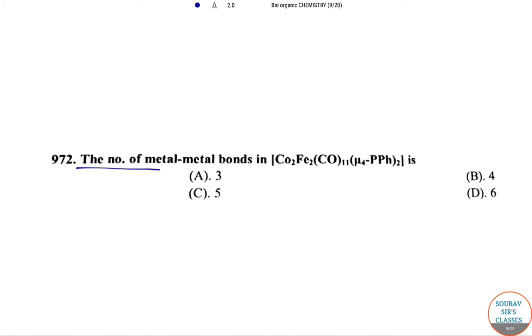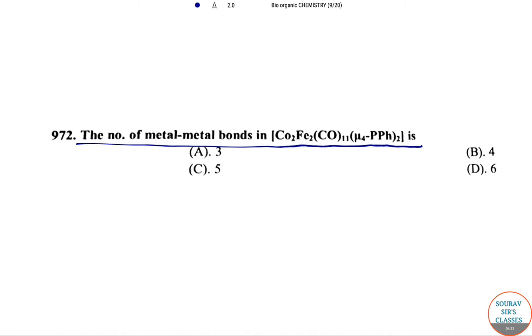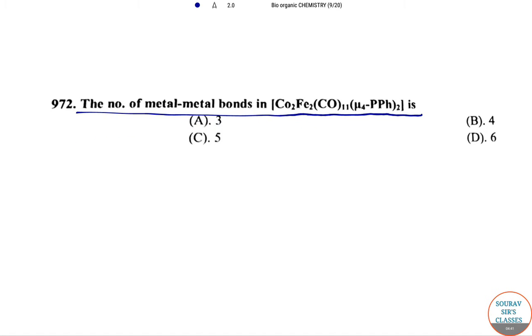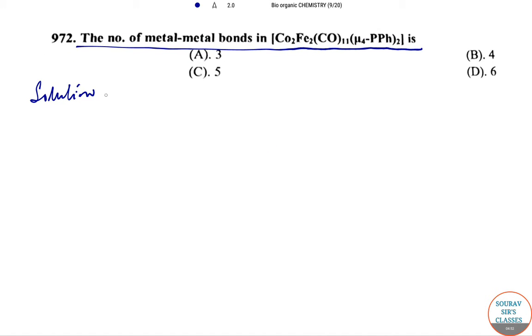The number of metal-metal bonds in Co2, Fe2, CO11, mu4 PPh whole 2 is what? 3, 4, 5 or 6. So let x be the number of metal-metal bonds present in the given complex.